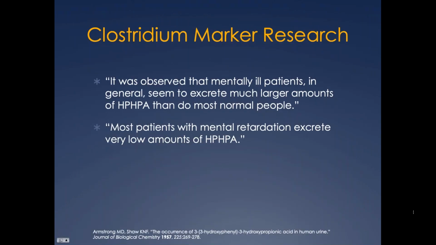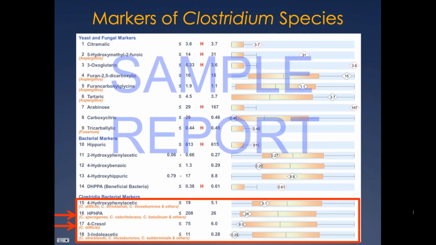Now, Clostridium can be very impactful, and there's a little bit of research actually going as far back as 1957 that was really just a case study. There was a group of mentally ill patients that seemed to excrete much larger amounts of HPA. That was, again, this marker 16 here on the Clostridium section of the OAT.